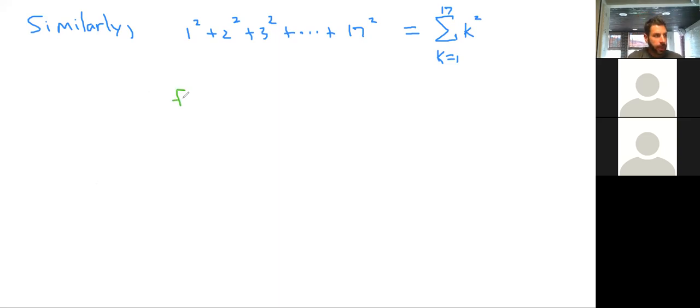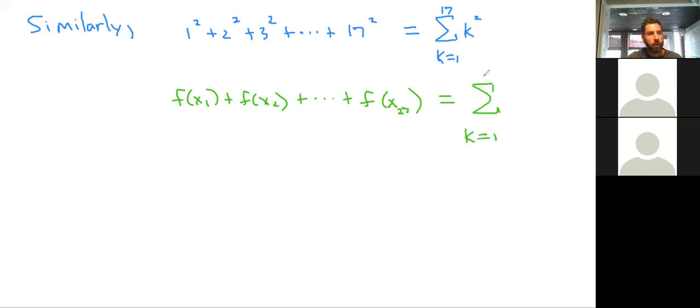Suppose we had f of x sub 1 plus f of x sub 2 plus all the way up to f evaluated at x sub 27. We could write this as the sum, k goes from 1 to 27, of f evaluated at x sub k.